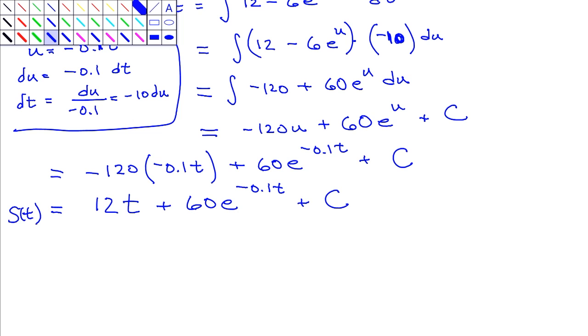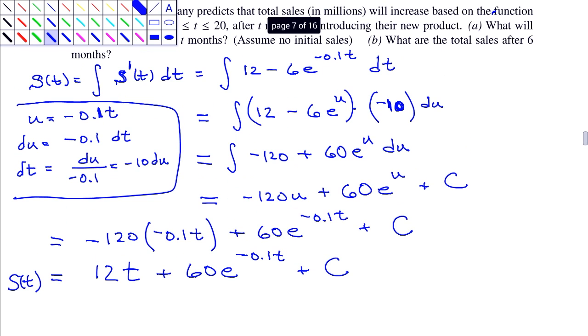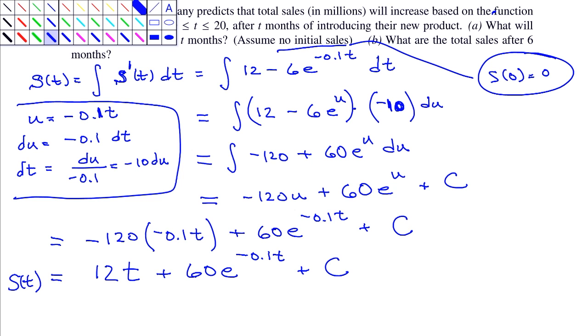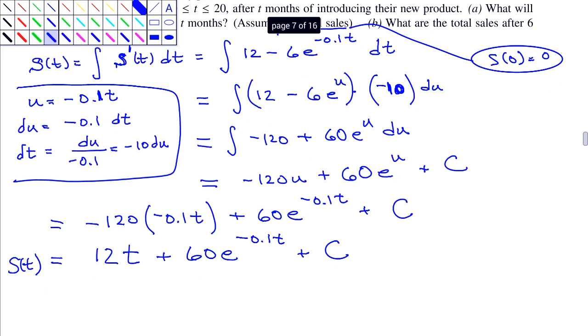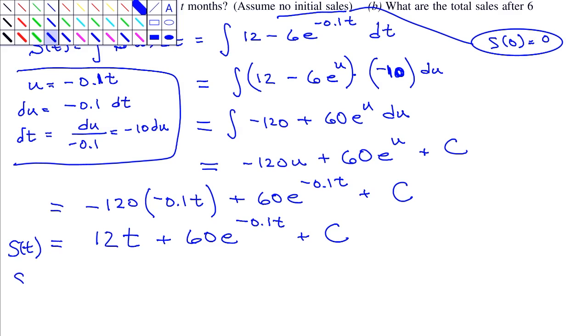We still need to nail down what the c is. We were told that there are no initial sales. So that means S of 0 is equal to 0. So, find S of 0.